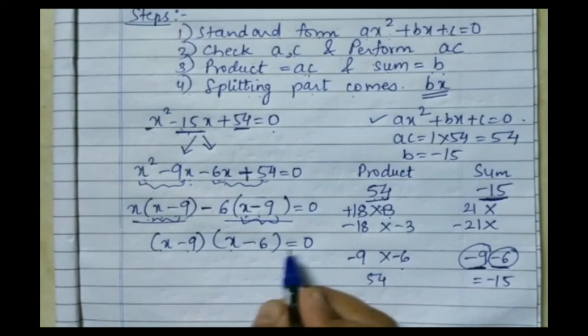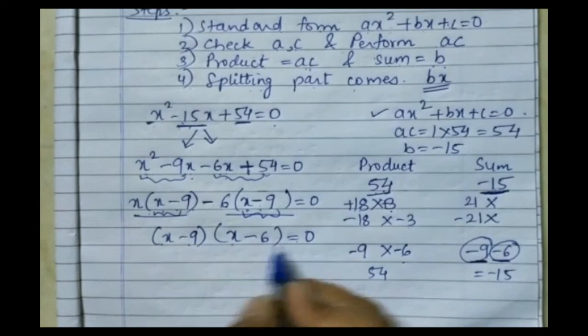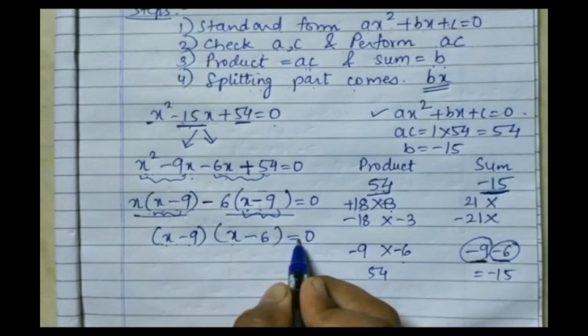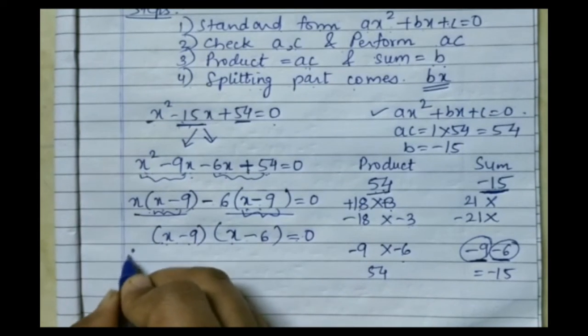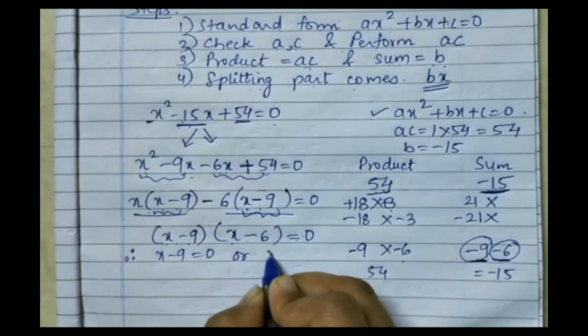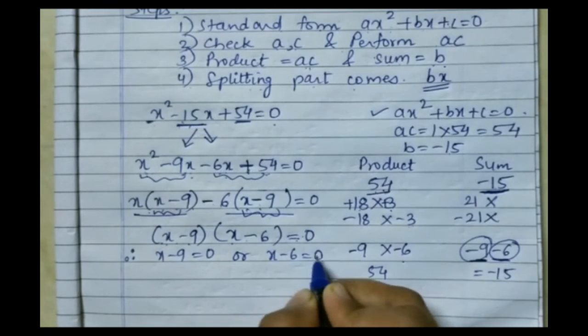So if both the brackets are equal to 0, it means that either x minus 9 is equal to 0, or x minus 6 is equal to 0. So I write, therefore x minus 9 equals 0 or x minus 6 equal to 0.